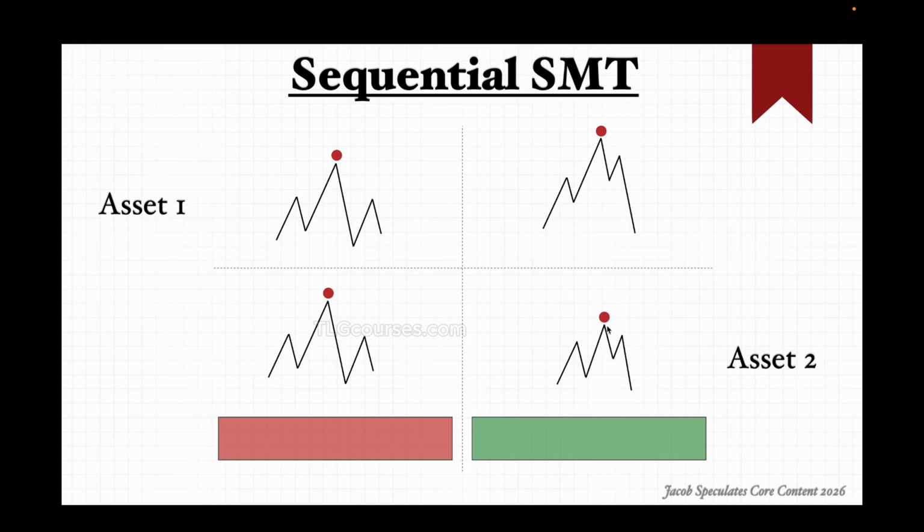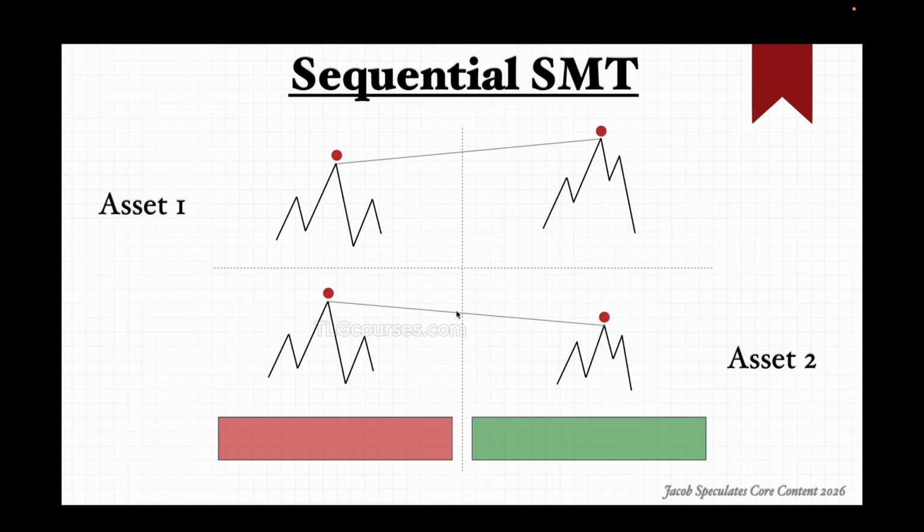Now, what is special about this? Well, if we look closer and compare both of the quarters, we can see that with asset 1, the following quarter took out the previous quarter's high, being this high right here, and on asset number 2, the following quarter did not take out this high right here.